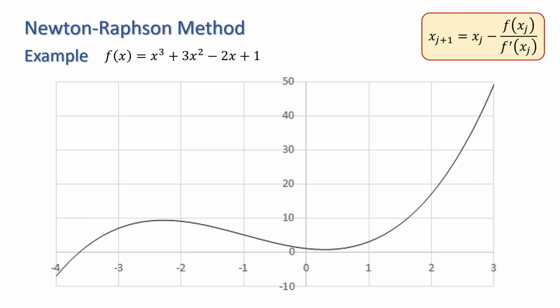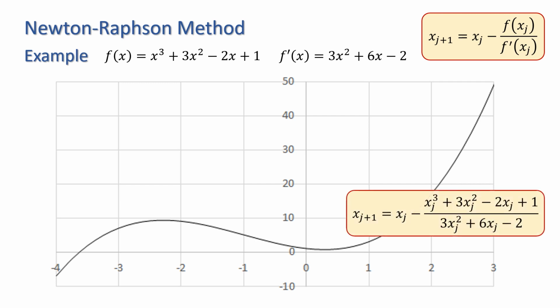Let's examine this. First, we find the derivative of the function, which is 3x squared plus 6x minus 2, giving us the Newton-Raphson formula xj minus xj cubed plus 3xj squared minus 2xj plus 1 over 3xj squared plus 6xj minus 2.